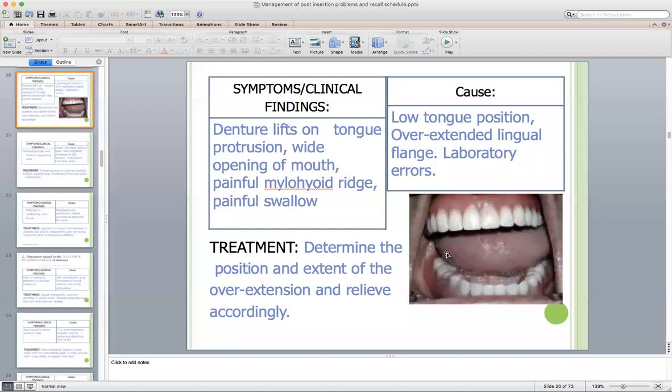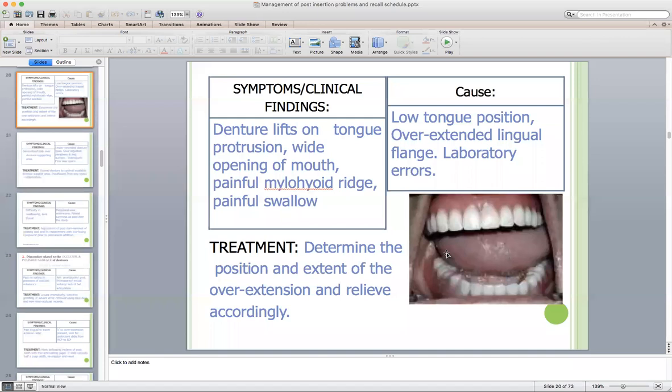Okay, this is very crucial. Protrusion of the tongue means touching the tongue to the front part of the hard palate. So if that area, that is the anterior lingual sulcus, is overextended, then on protrusion of the tongue it will cause the lower denture to lift up.